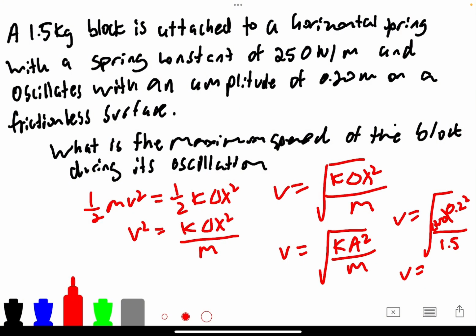So 250 multiplying 0.2 squared over 1.5, you get roughly 2.58 meters per second.